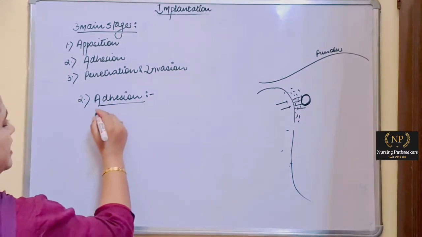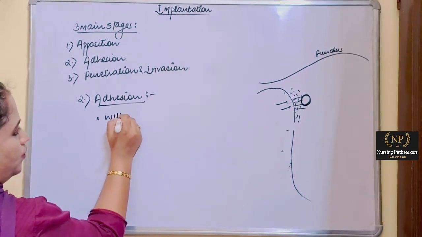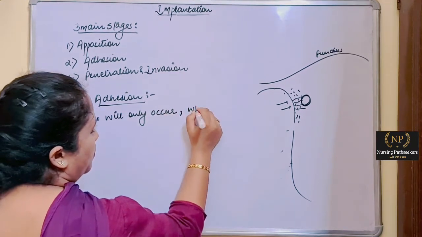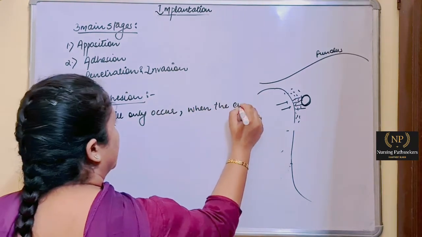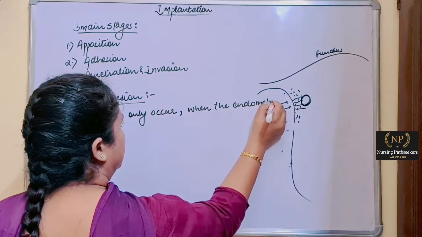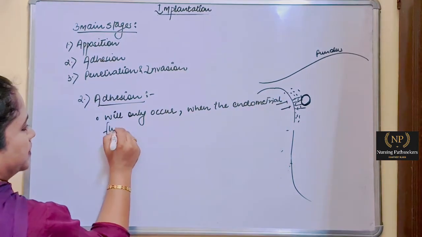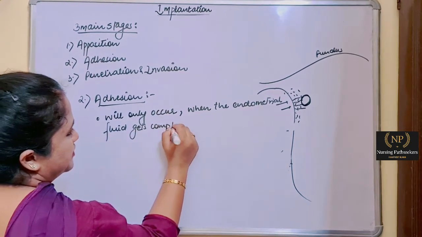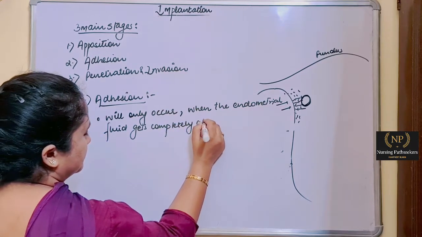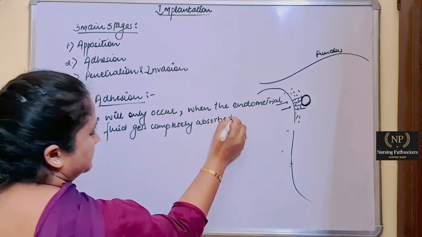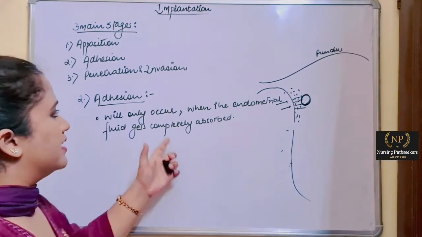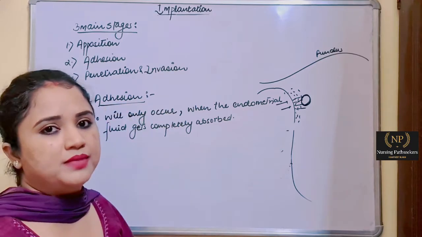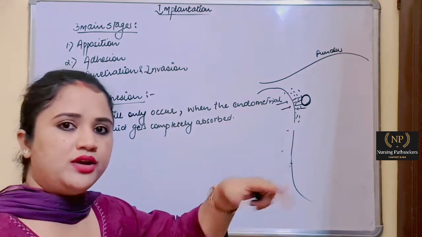The adhesion part will only occur when the endometrial fluid gets completely absorbed. Until the endometrial fluid is absorbed, no adhesion process will take place. The blastocyst will keep on floating.